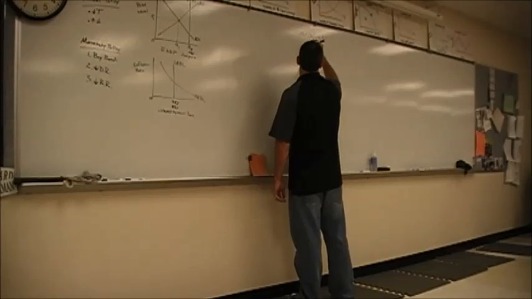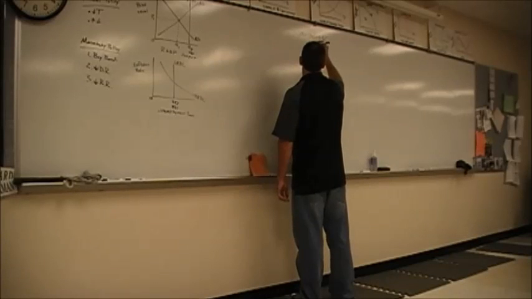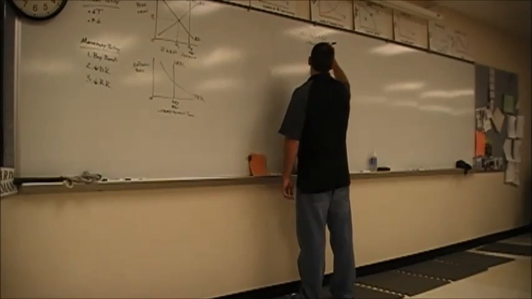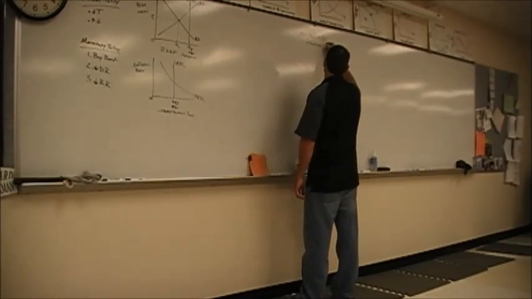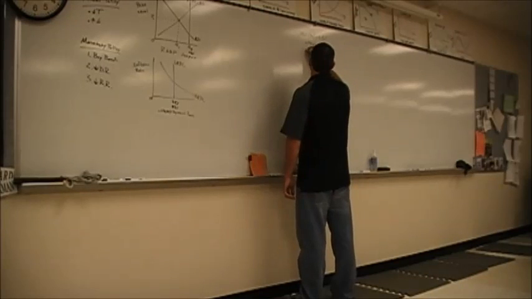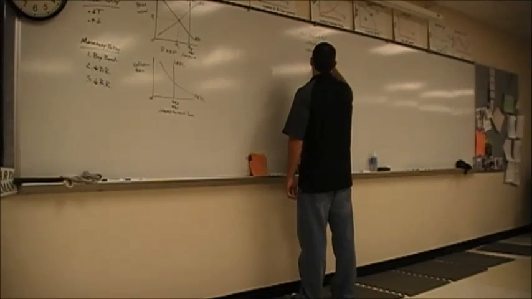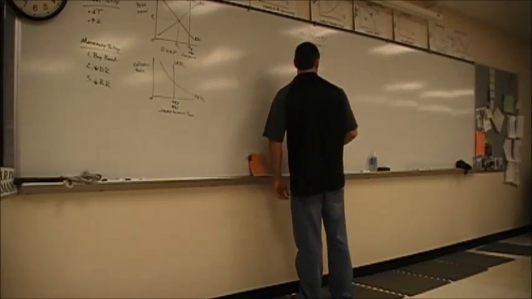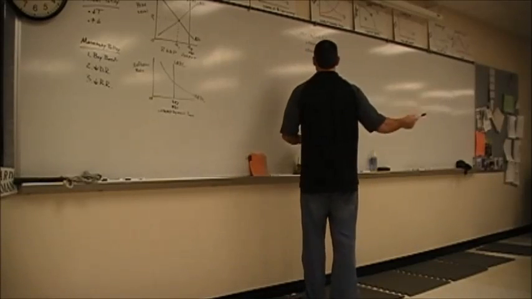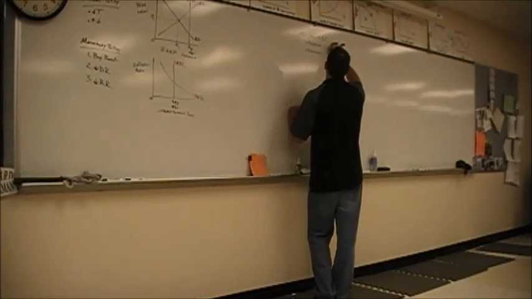So the natural types are, what are they? Frictional and structural. And what is frictional? Going from job to job. Nice. When you're in between jobs.